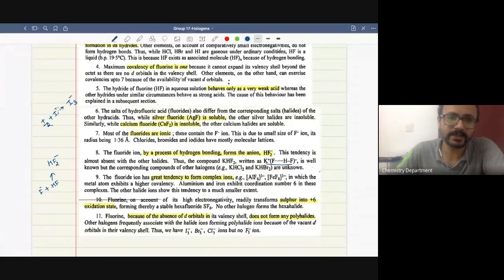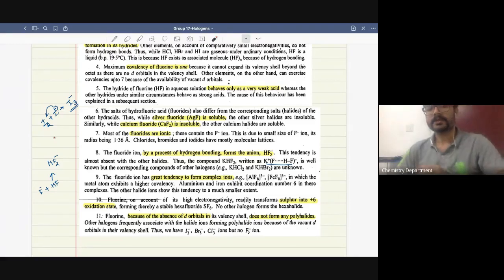This is possible because the lone pair coming from the I minus can be donated into the d subshells of the I2 molecule, and that is why these polyhalides are possible in the case of iodine, bromine and chlorine. They are possible only because of the availability of d subshells. Similarly, F3 minus is not possible because F doesn't have a d orbital which can accommodate the extra charge coming from the negatively charged ion.